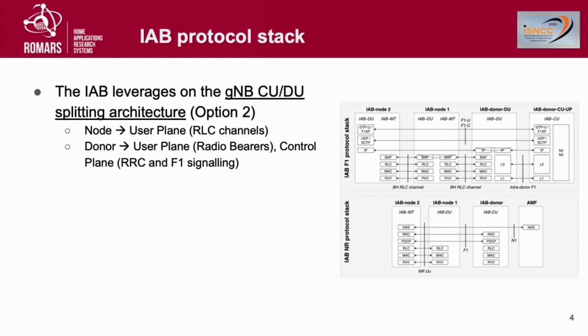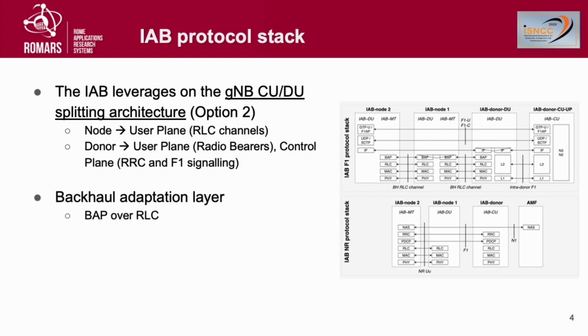There are IAB nodes which implement only user plane functions up to the RLC, and a single IAB donor which implements both user and control plane functions up to the PDCP layer, including the radio resource control. The IAB donor controls and configures the various IAB nodes using the F1 interfaces as specified by the 3GPP.